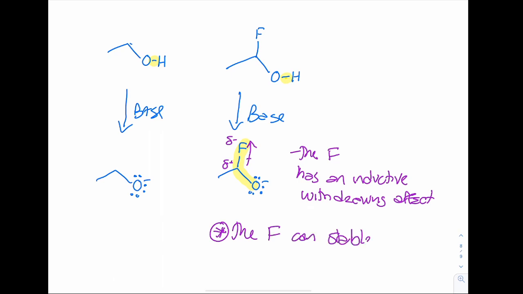And again, remember, the more stable the conjugate base, the more likely we are to form that conjugate base, meaning my acid is more likely to lose its proton. So the fluorine can stabilize the conjugate base inductively.